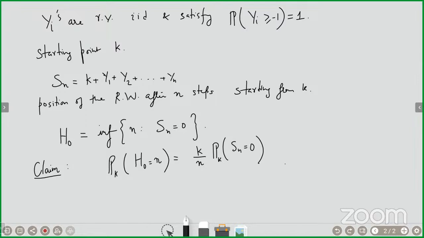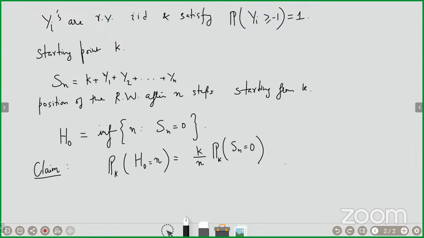Minus k. Why k? So that Sn will be equals to 0. But you can't take any value less than minus 1 anyway. Yes. So why not start with fixing k equal to 1 and n equal to 1?